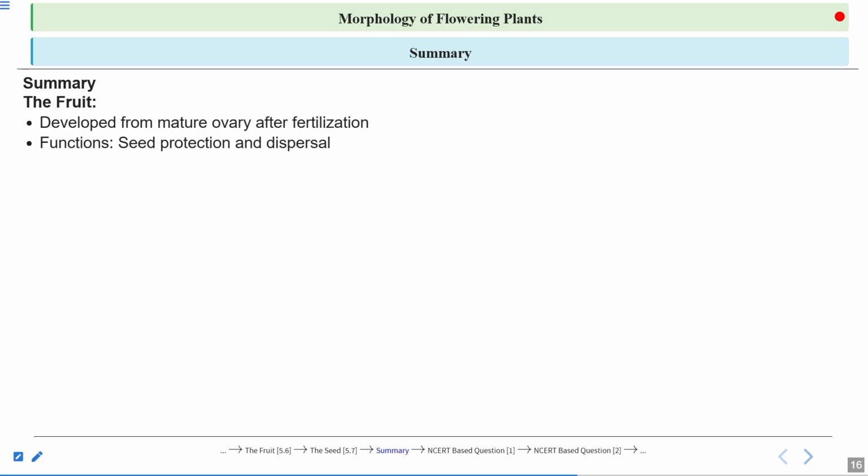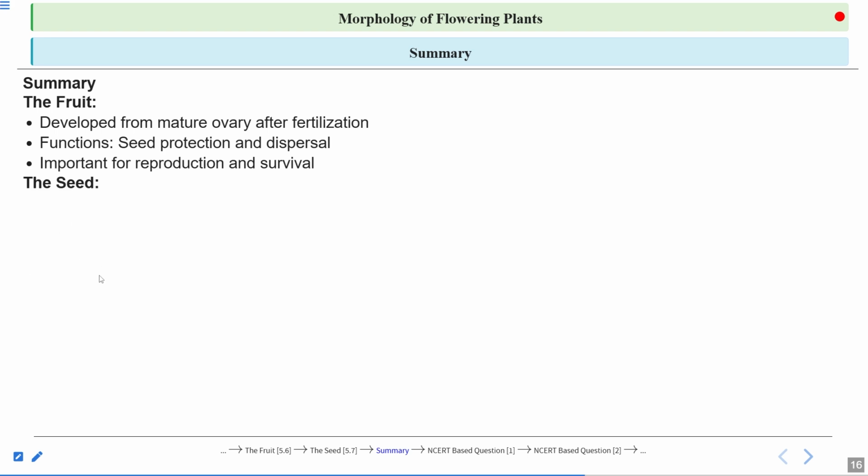The seed gets dispersed because of the fruit, because you eat the fruit, not the seed, as it is your food. It is very important for reproduction and survival of the plant. The next generation will come only when you sow the seeds, and they are present inside the fruit.